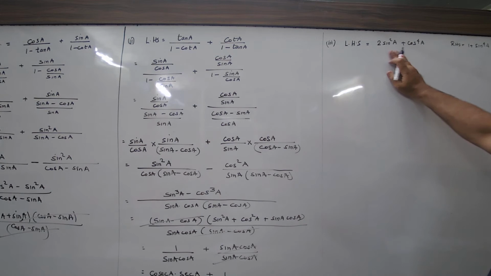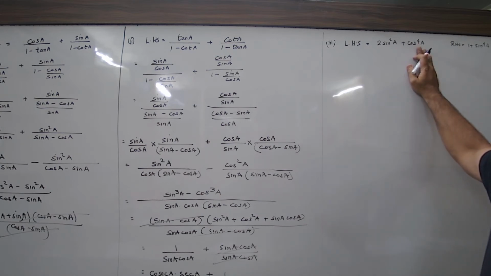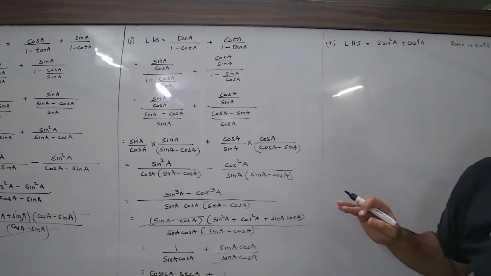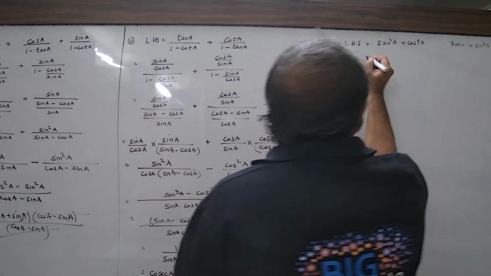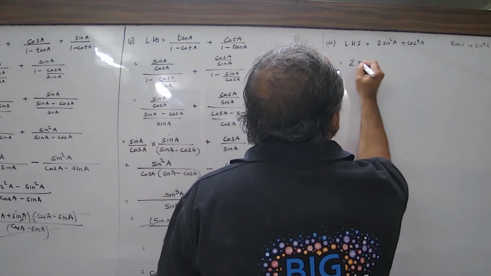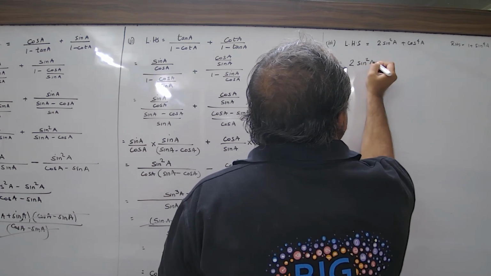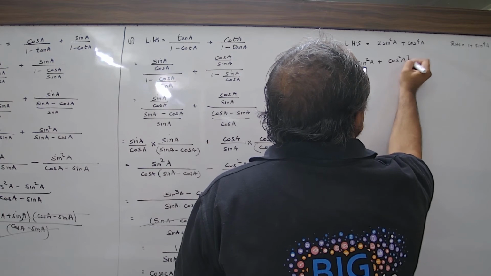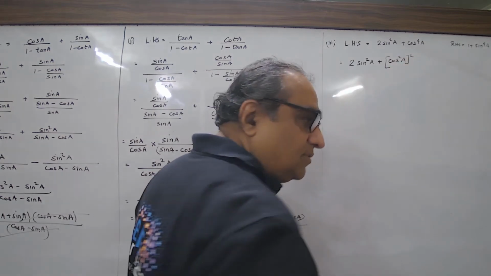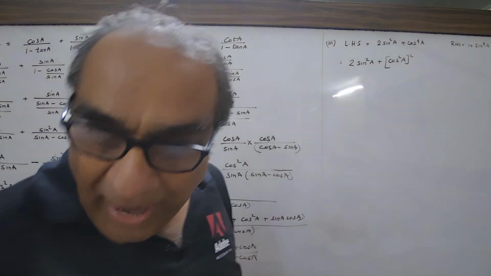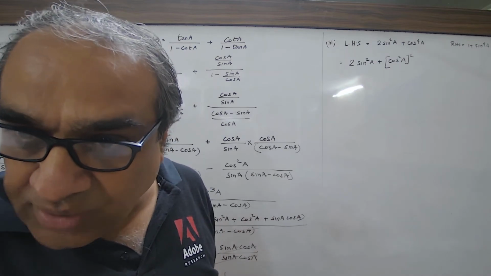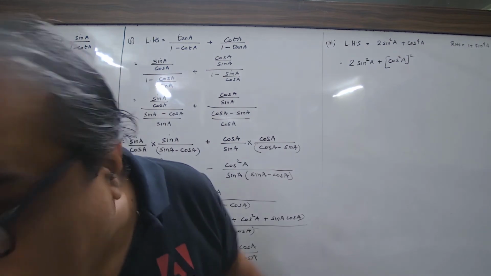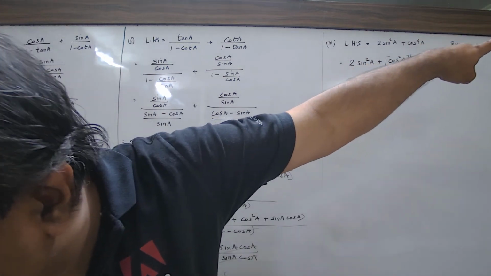2 sin squared A plus cos raised to 4 A. On the right hand side we need everything in sin, everything in sin, so pay attention, this is a very easy sum, children. Can I write this like this? Why did I write it like this? Because I know that cos squared A can be converted to 1 minus sin squared A, and I want to bring only sin squared A on the right hand side.